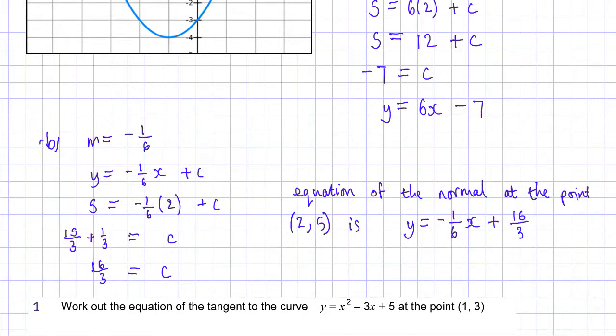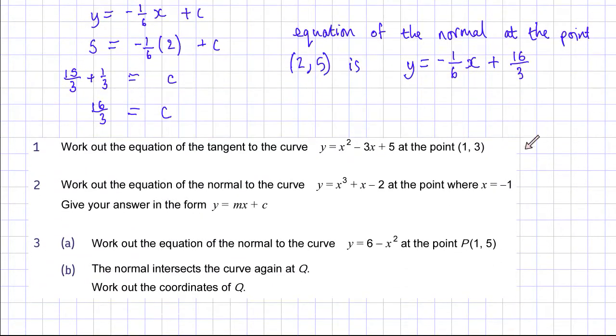Now yes, we can multiply through by 6 and then not have fractions here, but you don't need to do that, because the question only asked for the equation of the normal, and this equation is the equation of the normal.